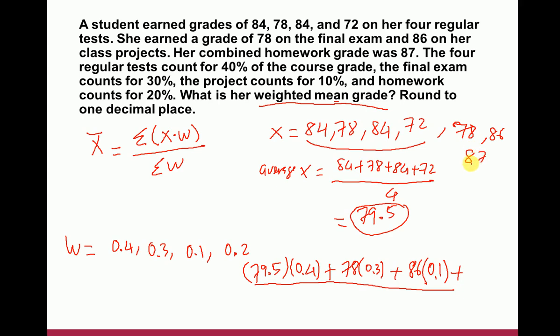And 87 goes with 20%, 0.2. Divide by the sum of the weight, w. If you add 0.4, 0.3, 0.1, 0.2 together, it should give you 1, because this comprises up to 100%. So if you do this calculation correctly, I believe you should get 81.2. Let me double check.